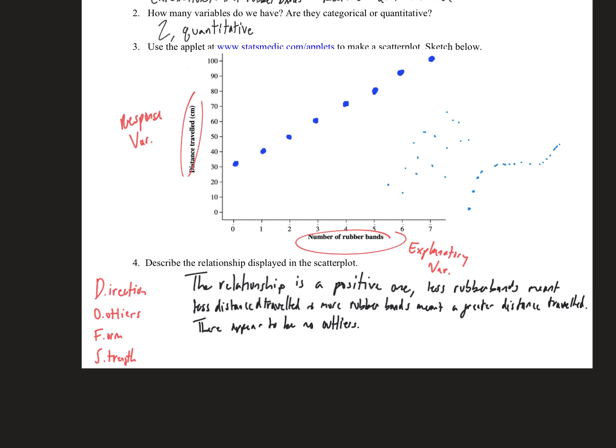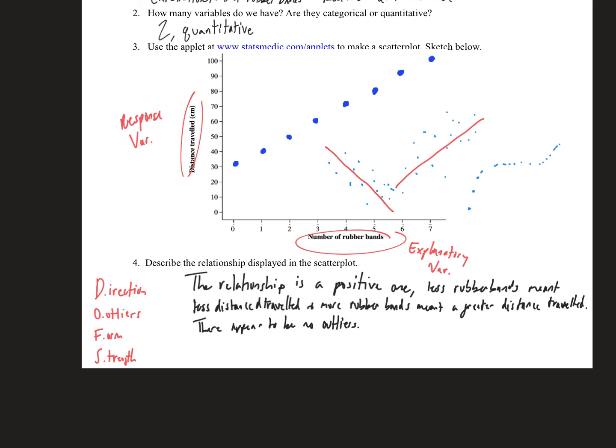Something like this, even like this, would be considered linear because the overall pattern doesn't go up and then down or twist. As one thing is going up, the other thing is going up, or even the other way around. If the data was decreasing, a negative pattern, but in general it's not bending like this.